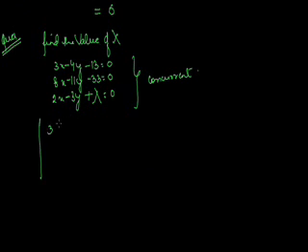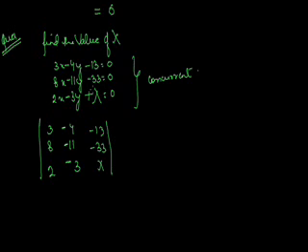So we have A1, A2, A3, B1, B2, B3, C1, C2, C3. As these three lines are concurrent, the determinant will be equal to 0.